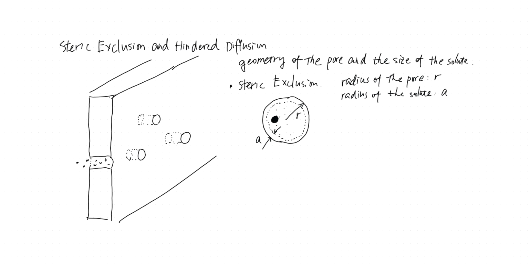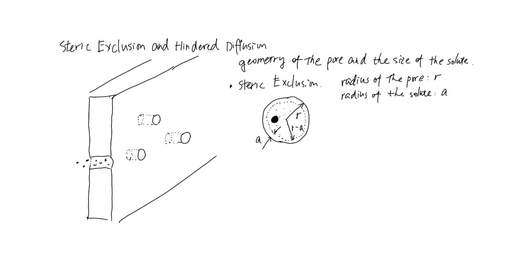So the solute can only diffuse within an effective radius, which is r minus a. This is steric exclusion. The available fraction of the pore cross-sectional area is reduced, and we can express it in terms of a partition coefficient.